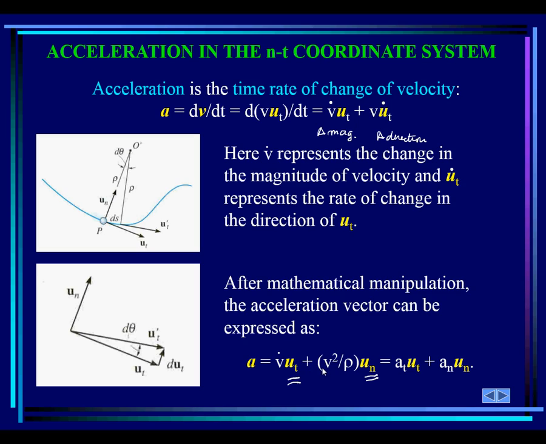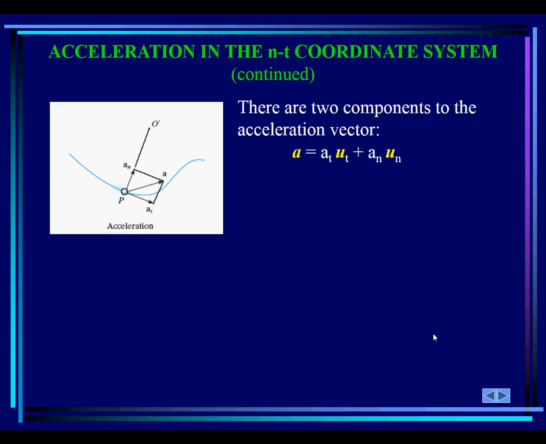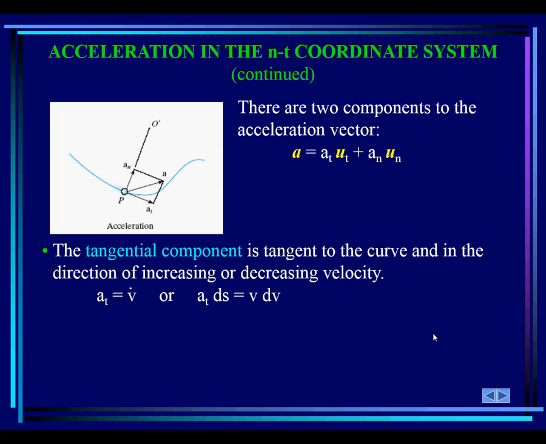And if you want to put it in terms of the angular acceleration, because this term would be v squared over rho, the result is that the total acceleration would be a_t times u_t plus a_n times u_n. All right. If we consider the change of the velocity in the same way, there will be two components of the acceleration.